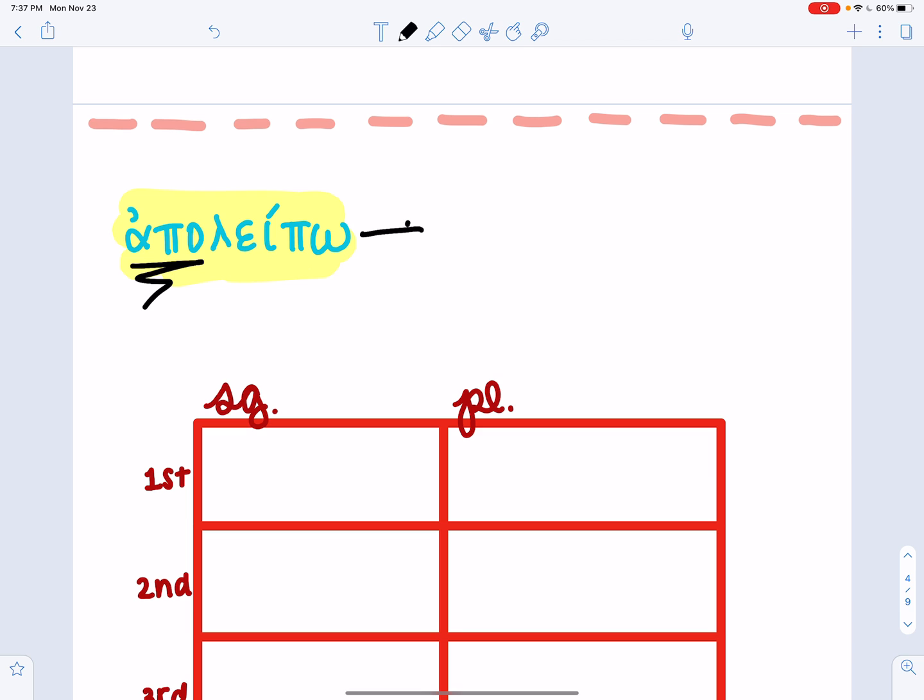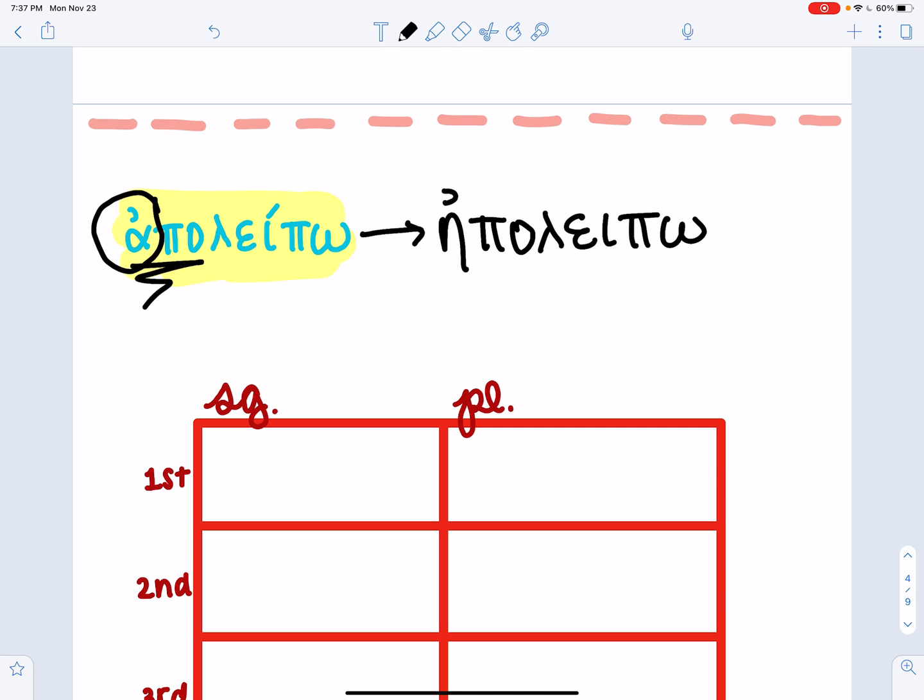So based on everything we've learned so far, our augment, because we've noticed that this word begins with a vowel, would be alpha to eta. So we would think, okay, apalepo, right? Just based on everything that we've learned so far, or technically if we add our endings, apalipon.